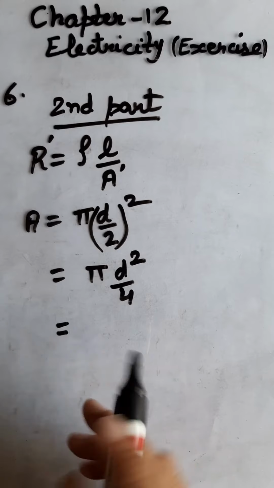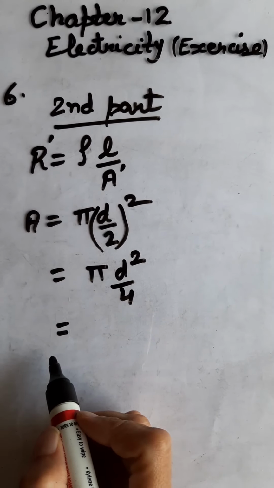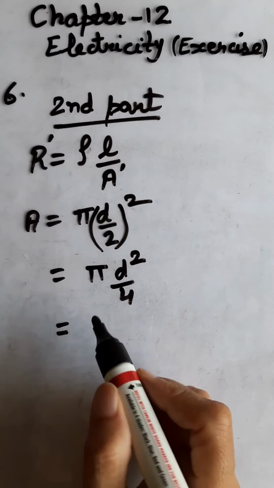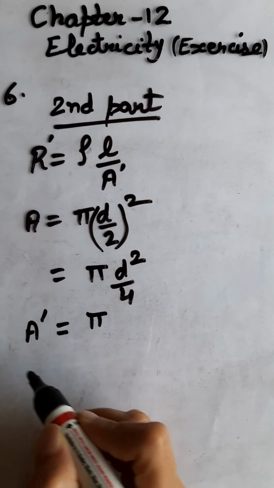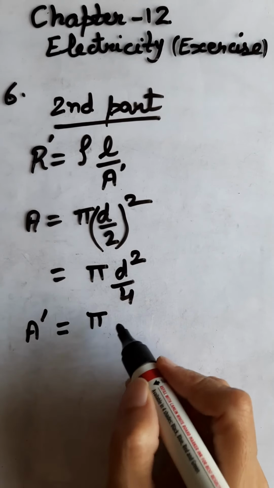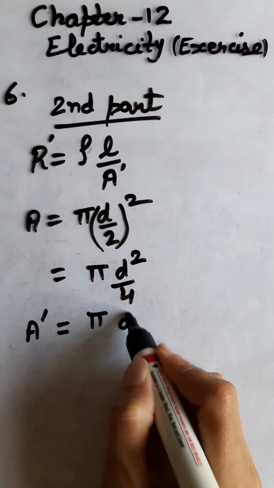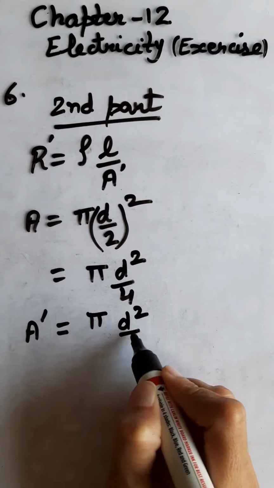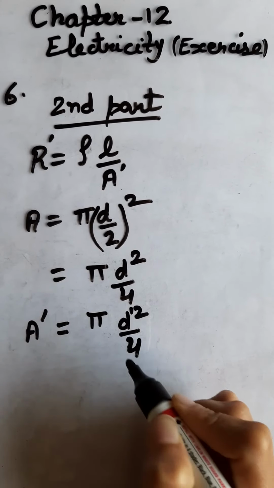Now, as the diameter is doubled, what will happen? This new area, let us mark A dash, will be based on the doubled diameter. Firstly we'll write it as pi d dash square by 4.